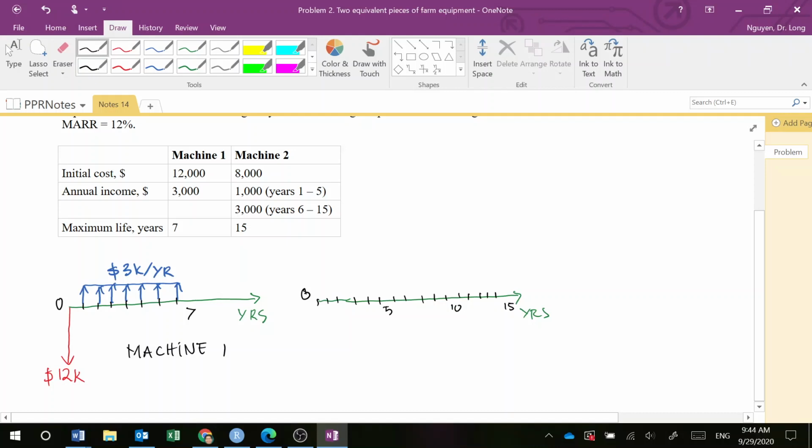For the first 5 years, there is 1,000 benefit, and the initial cost is 8,000. So here, 8,000 initial cost, and 1,000 per year for the first 5 years as the annual income.